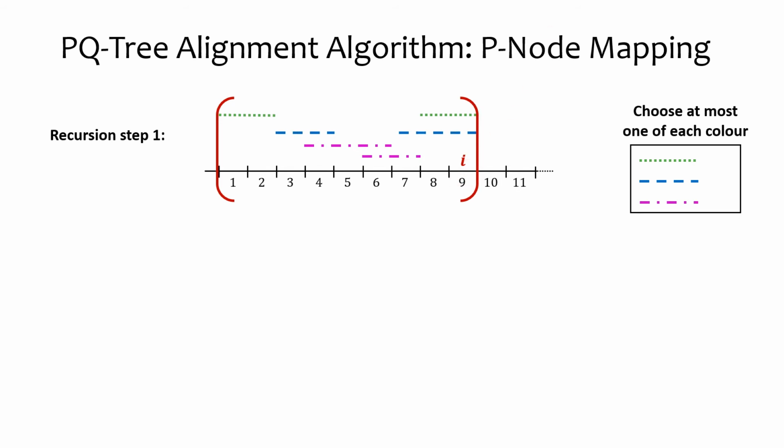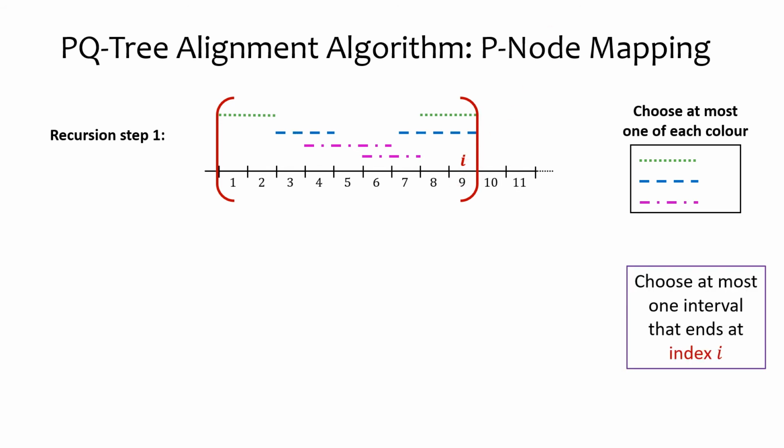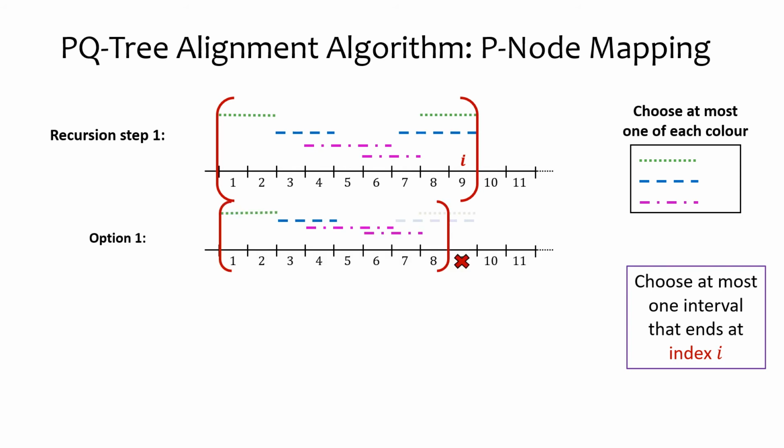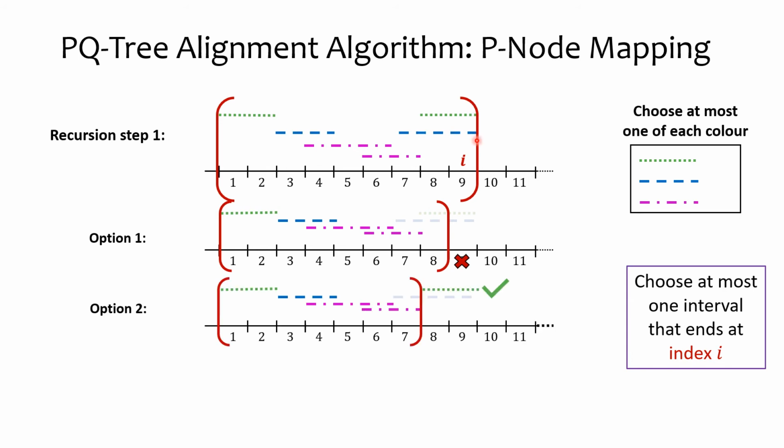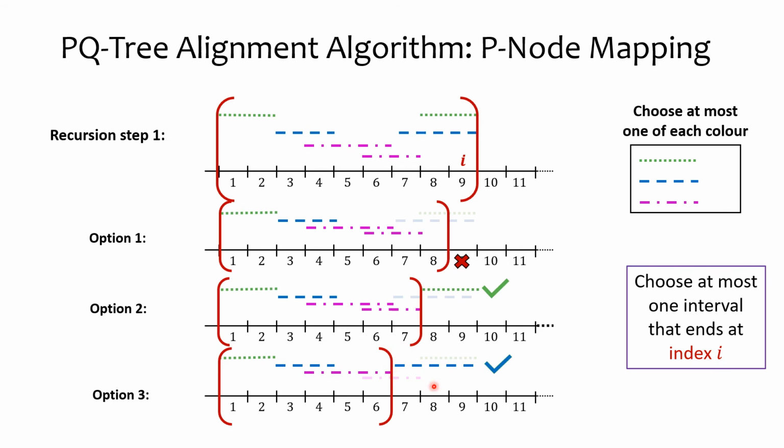To make sure we choose intervals that do not overlap, our aim is to choose at most one interval at each endpoint. So for a specific endpoint, we either delete a character from the string and reduce the endpoint by 1, or we choose an interval that ends at the endpoint and reduce the endpoint accordingly. Here, we can either choose the dotted green interval or the dashed blue interval. Let's continue with the last option as an example.